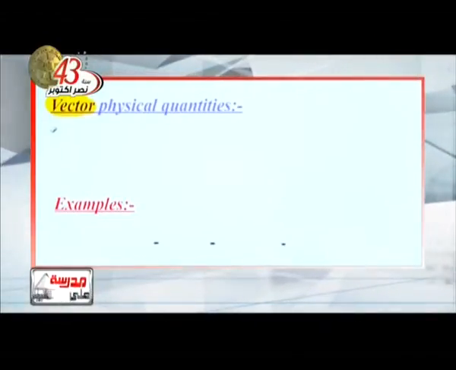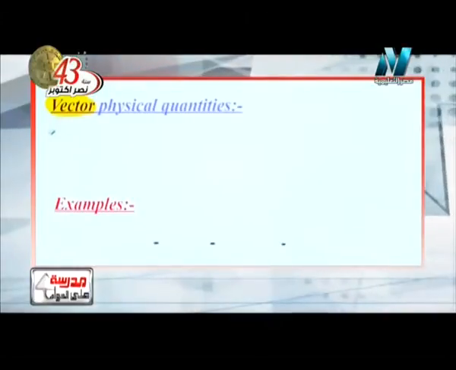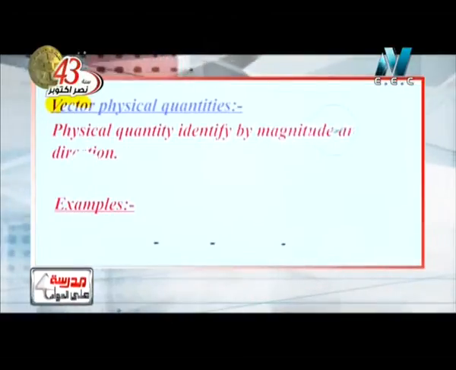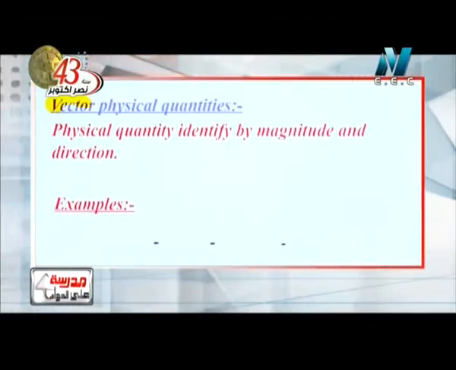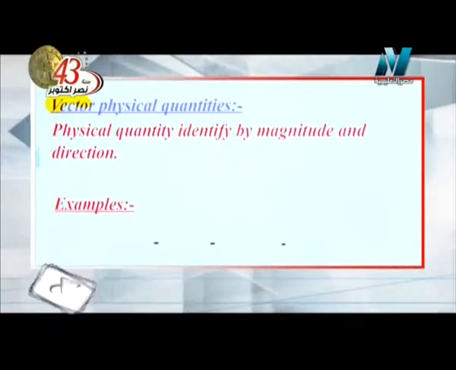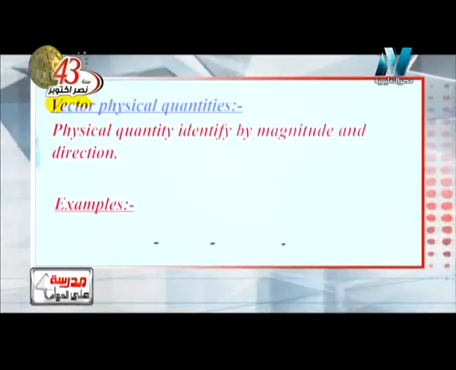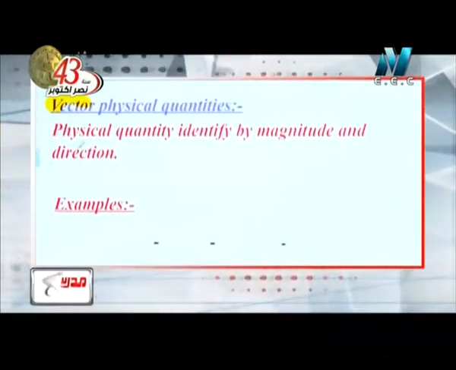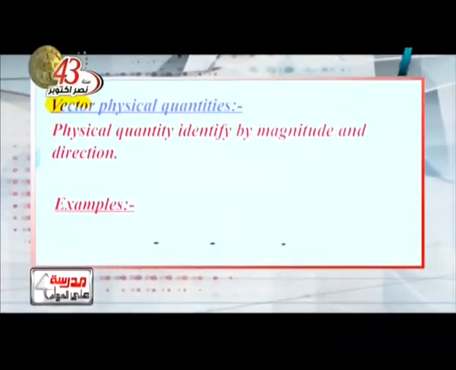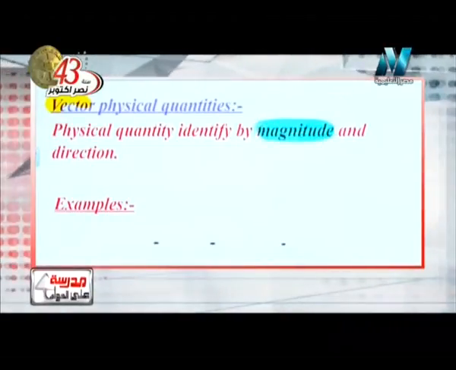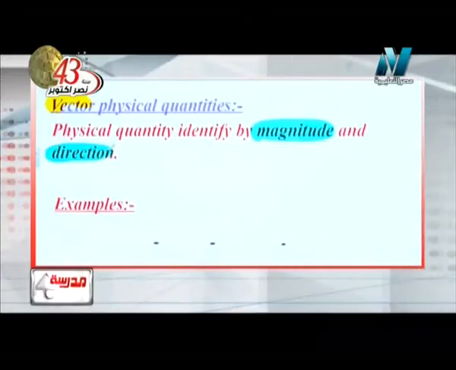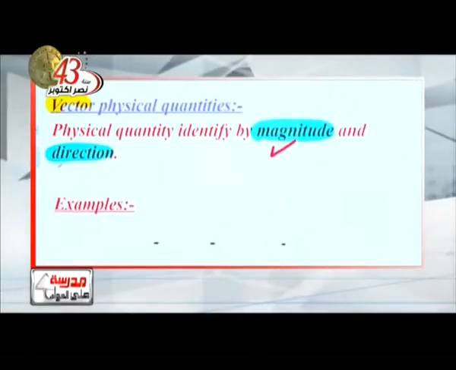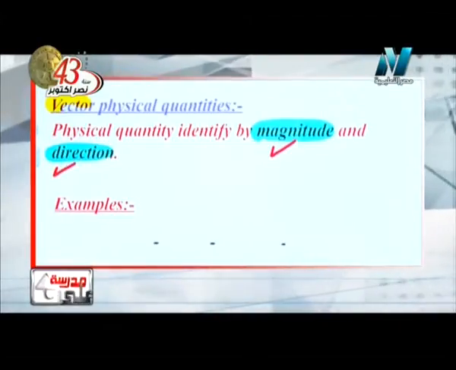We have 2 factors to identify the vector physical quantities. Vector physical quantities are identified by magnitude and direction. So we must know the magnitude, meaning the value, and the direction, meaning where it is going and where it is coming from.